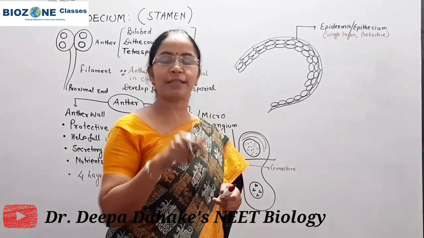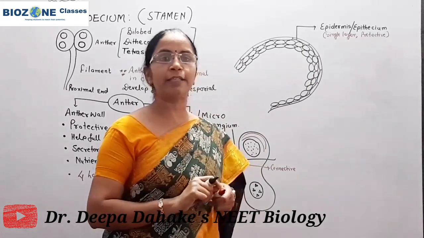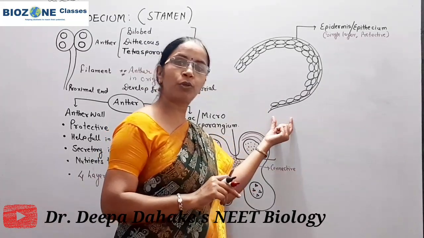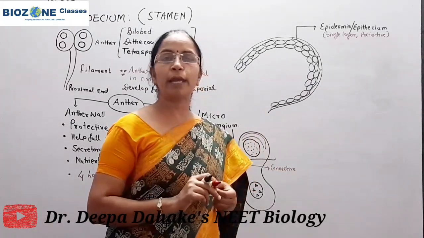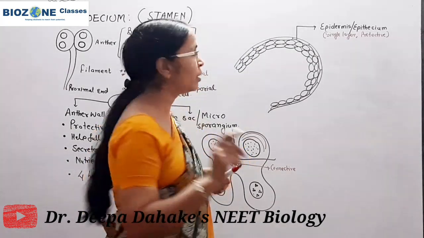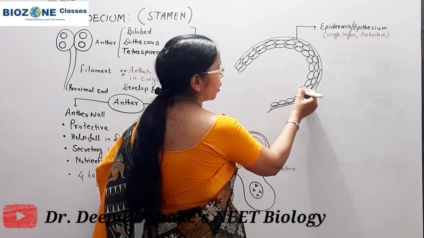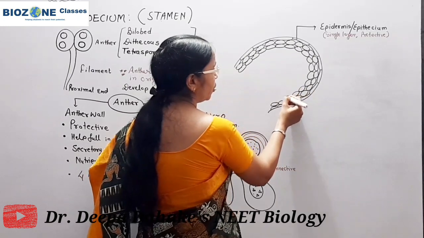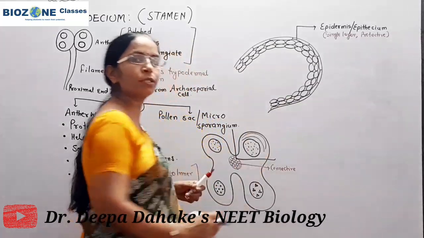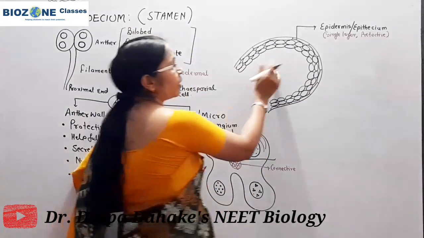This line is the epidermis, this line is the endothecium, and this line is the middle layer. Don't follow that technique. Whenever you go through the diagram, always draw your own diagram at least 5 to 10 times. Then only can you draw the correct diagram in your board exam, because for the board exam this is one of the most important diagrams. So remember this part.